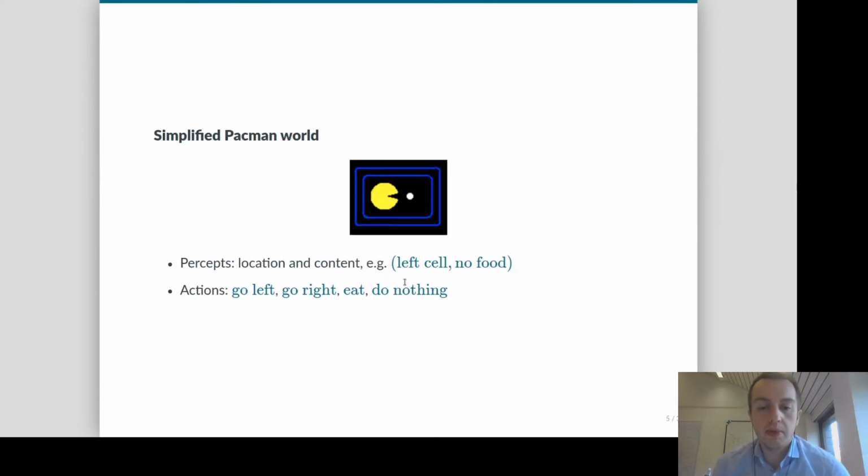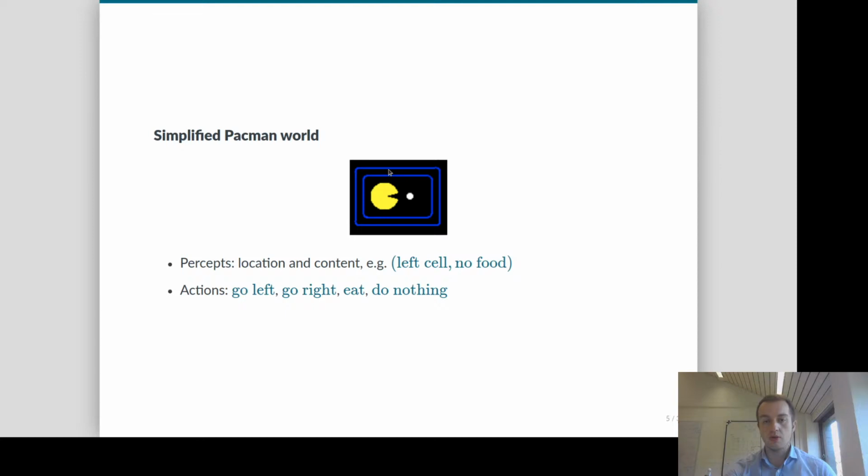So maybe to make things a bit more concrete and to relate to the kind of things you will do in your projects, let's just for now consider a very simplified Pac-Man world in which you would only have two cells, a left and a right cell. There is Pac-Man in one of them, and there is a food dot in the other. Everywhere else there are walls, and you cannot go outside this box.